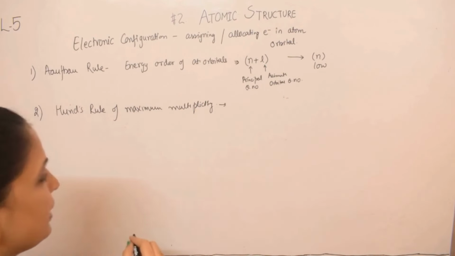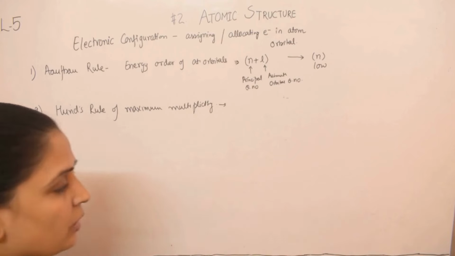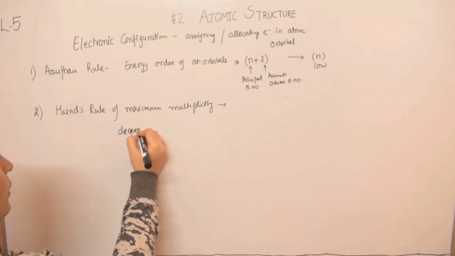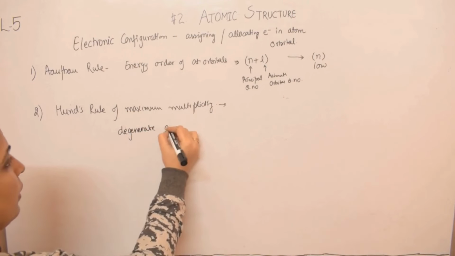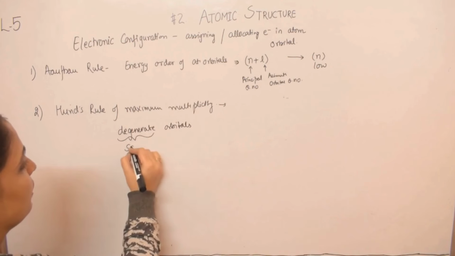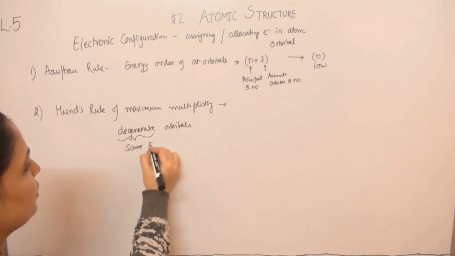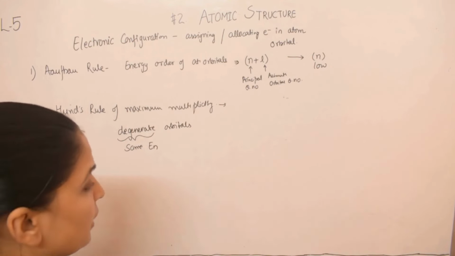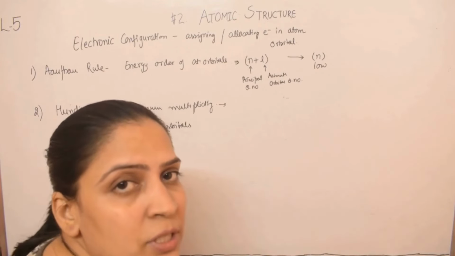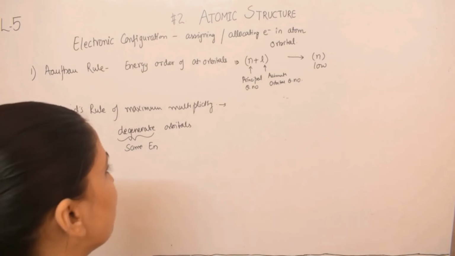This states that for degenerate orbitals, so these are the orbitals which have the same energy, when the energy is the same for orbitals, then each orbital will occupy one electron first, followed by pairing of electrons.